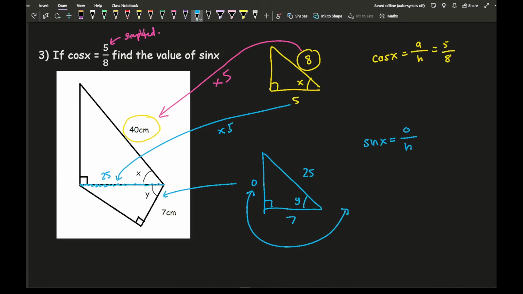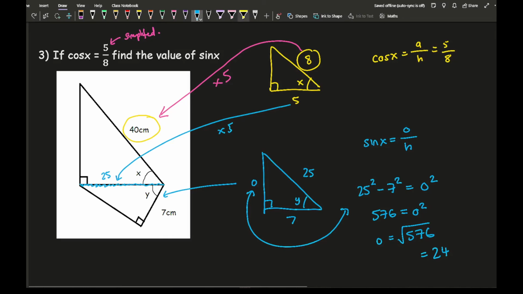To do that, I need to do 25 squared minus 7 squared equals O squared. Working this out, I get 576 equals O squared. So O is going to equal the square root of 576. Now that in itself actually equals 24.